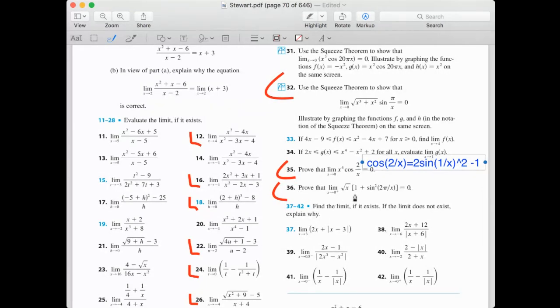So for 36, if we square both sides of the equation, there are no values to the left of 0 in the domain of x raised to the half. Sophia is saying the limit of 1 plus sine squared 2 pi over x does not exist.